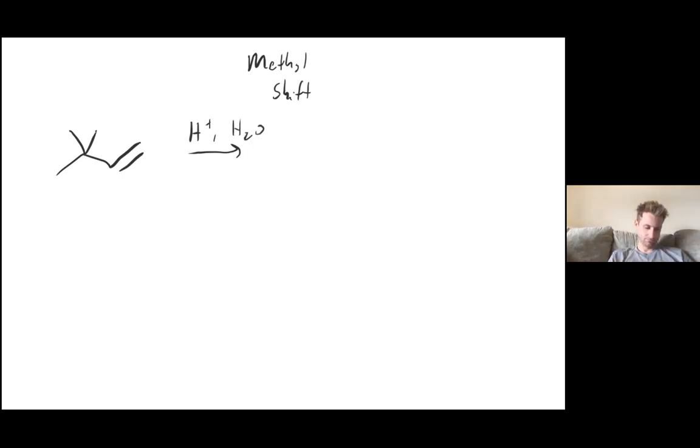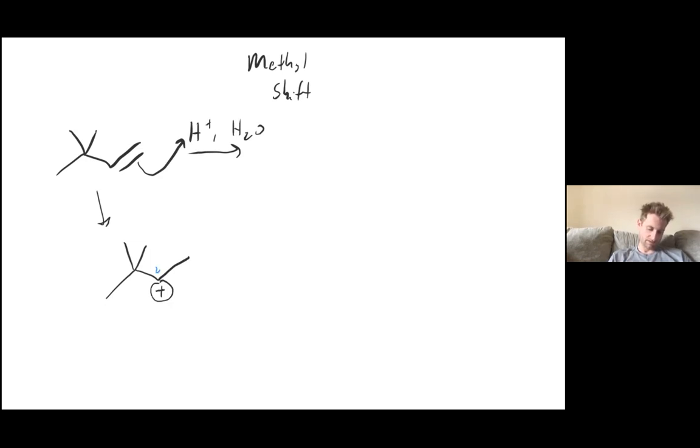So for a methyl shift, we would need something like this here. Let's do this in water, do a slightly different reaction. So water and acid, still pick up this H+. Still make your carbocation.